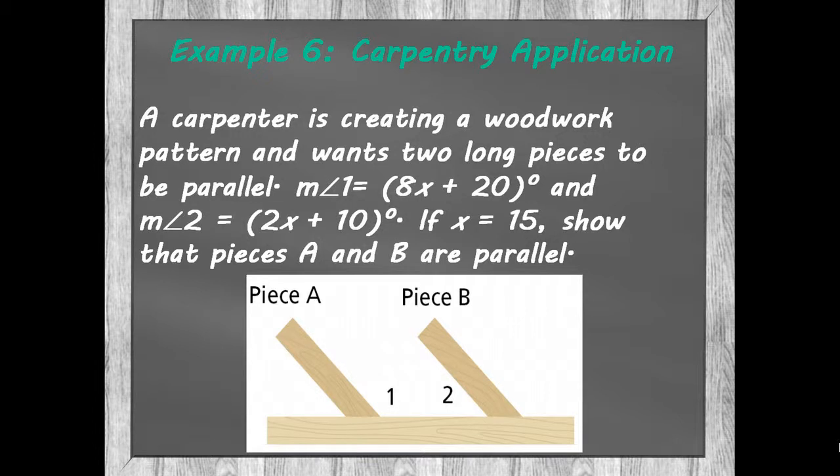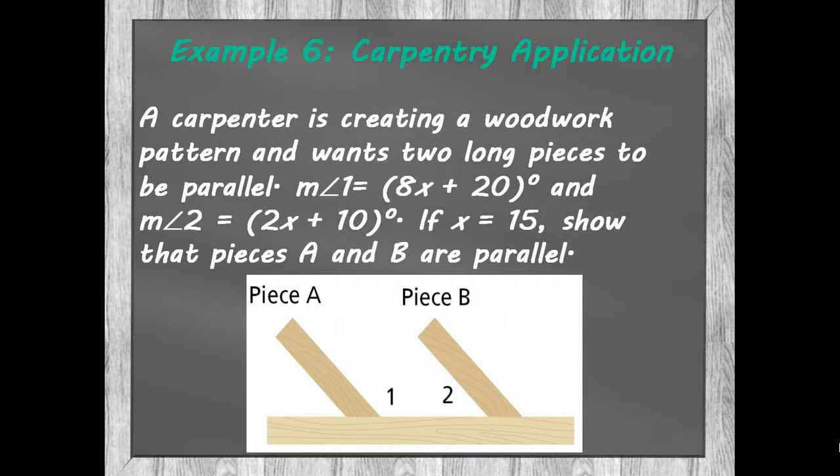Let's look at a carpentry application. We have a carpenter and he's creating a woodwork pattern and wants 2 long pieces to be parallel. The measure of angle 1 equals 8x plus 20 degrees, and the measure of angle 2 equals 2x plus 10 degrees.